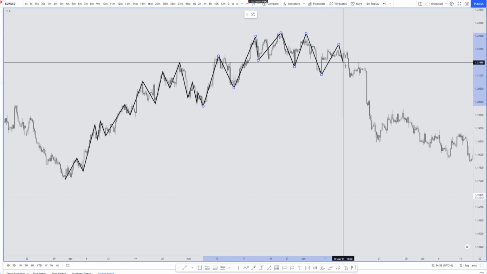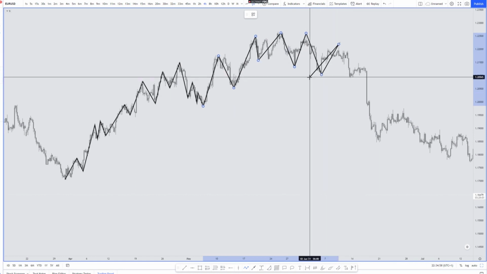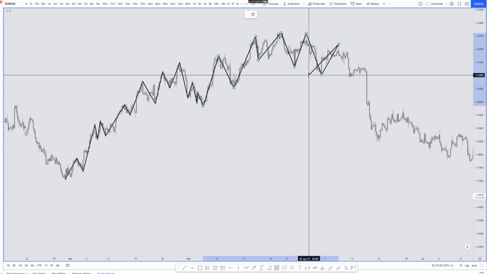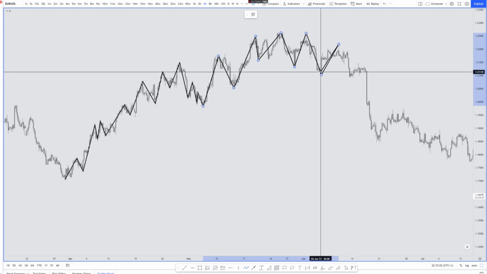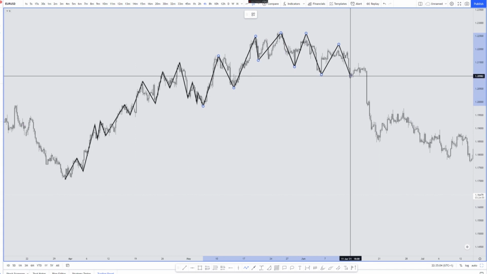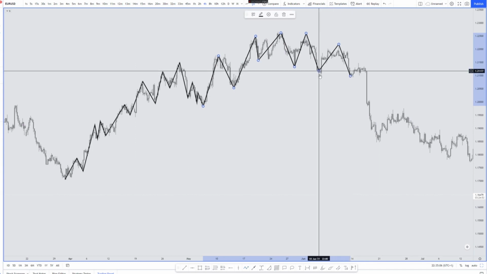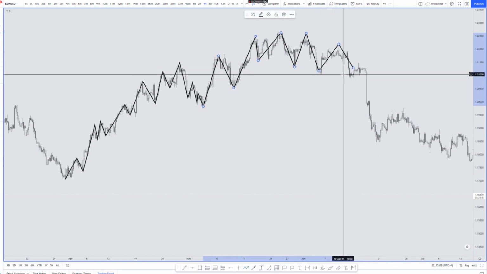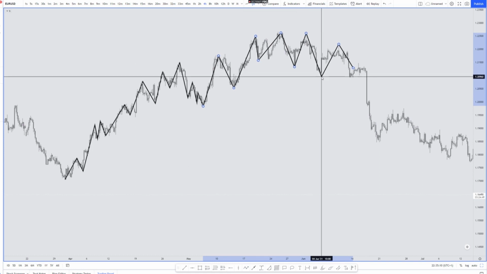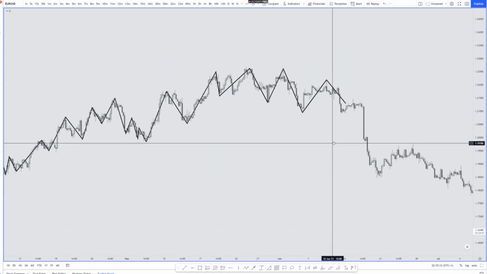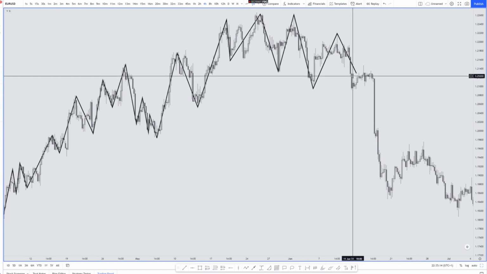Now if you look, I can't tell. I'm going to move this over, but I think this is a point of market structure. Yes, it is. Okay. So we do take that low.